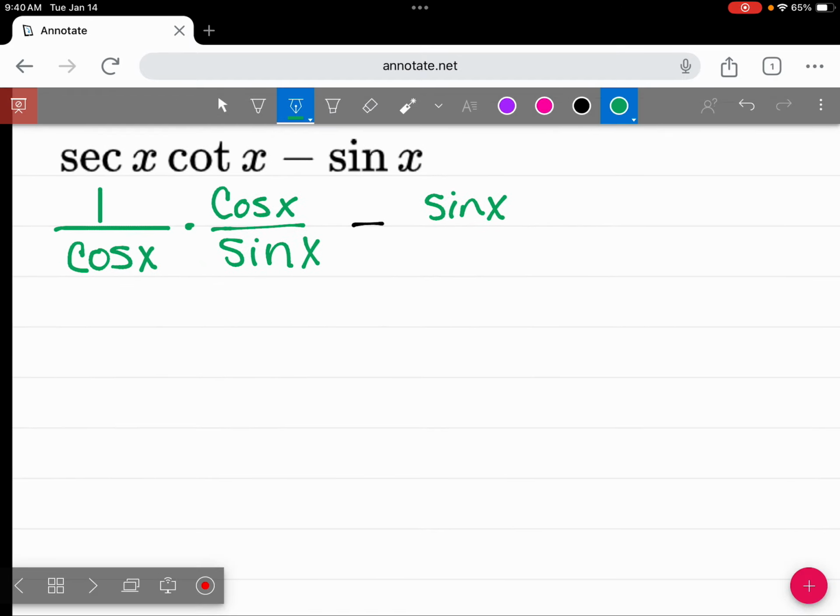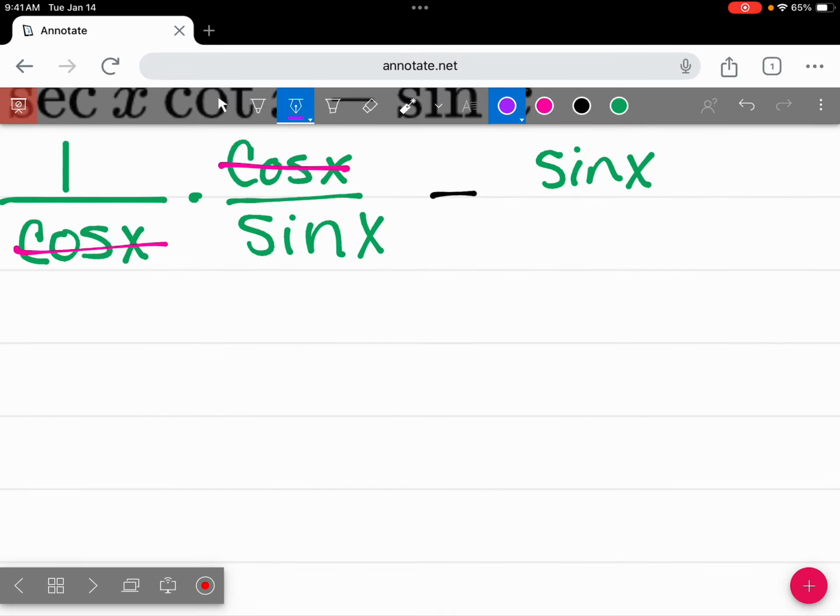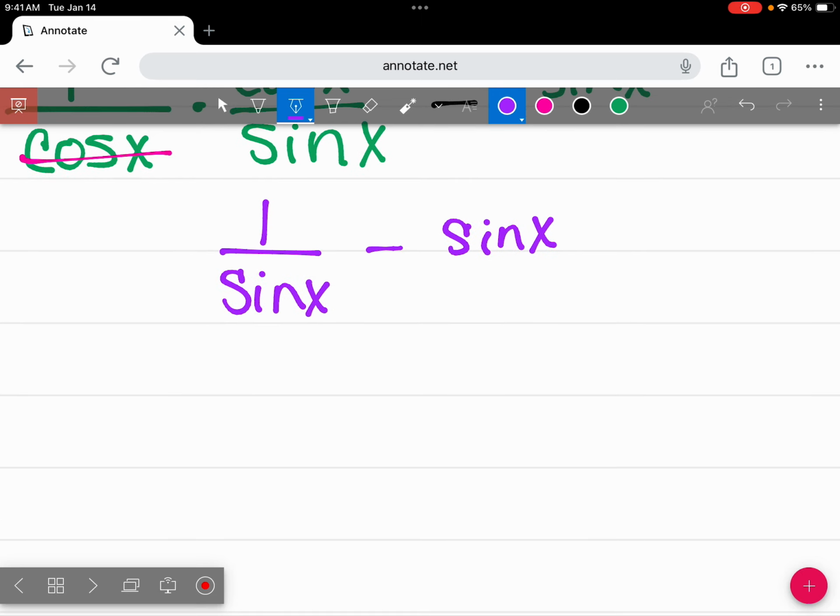What do we notice first here? Our cosines are going to cancel out over here. So I've got 1 over sine of x minus sine of x. Let's get to a common denominator. So I need to multiply this piece by sine of x over sine of x in order to get that sine in the denominator.